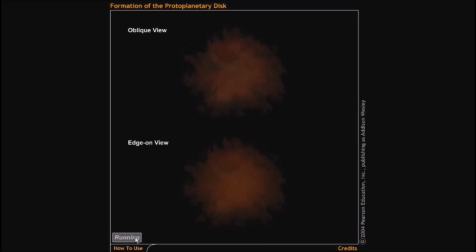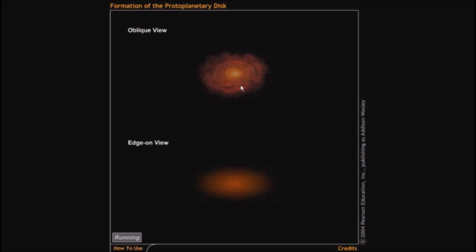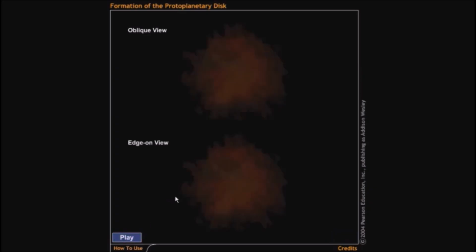And just to get the idea across, this is the same simulation we saw previously. At the top, this was the formation of the circumstellar disk. This is the formation of the circumstellar disk from the side. So you can see the cloud getting progressively smaller.